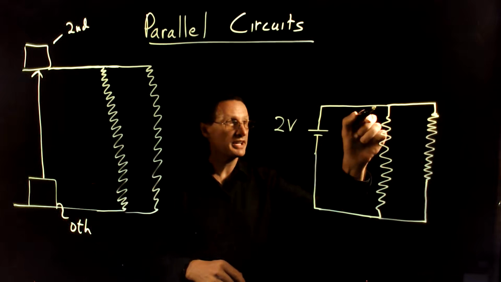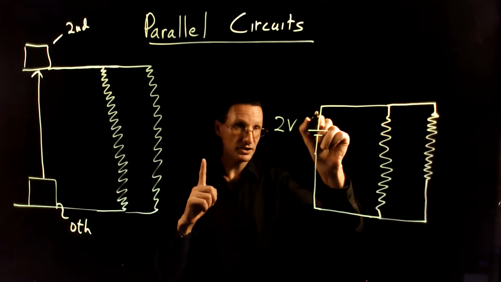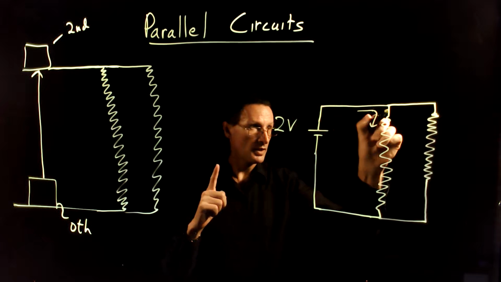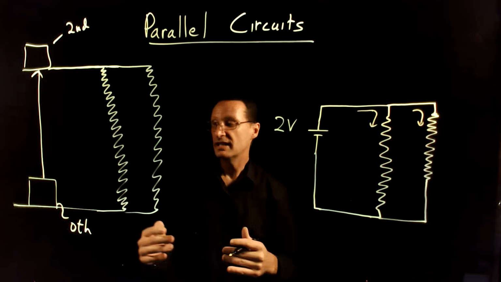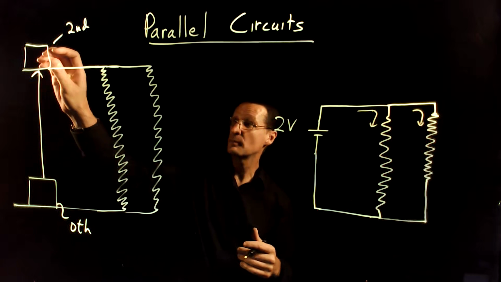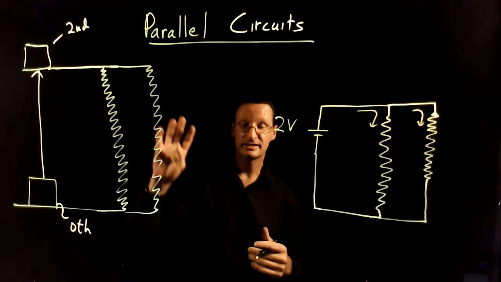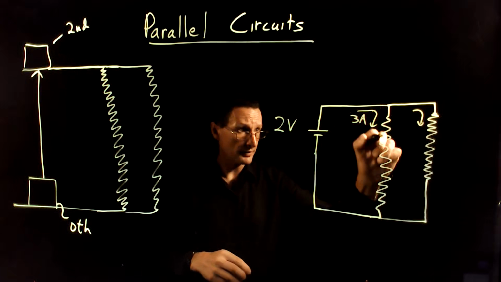In both cases, if you're in the elevator, you're one person, you're one charge, and you have to choose. Either you go down this path or you go down this path, but you can't go down both. If 4 of your friends come in the elevator and 4 of them get out of the elevator and then reach this staircase situation, let's say 3 of them go down the first staircase.